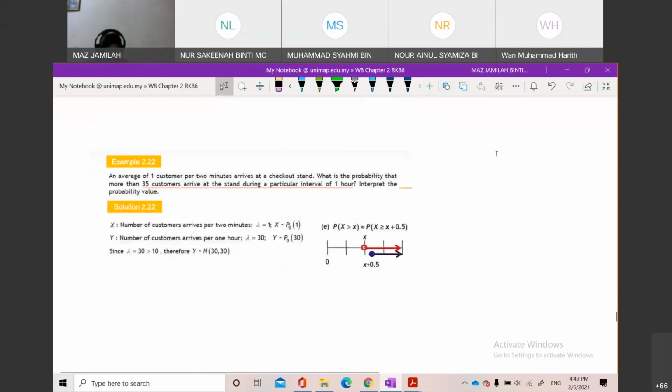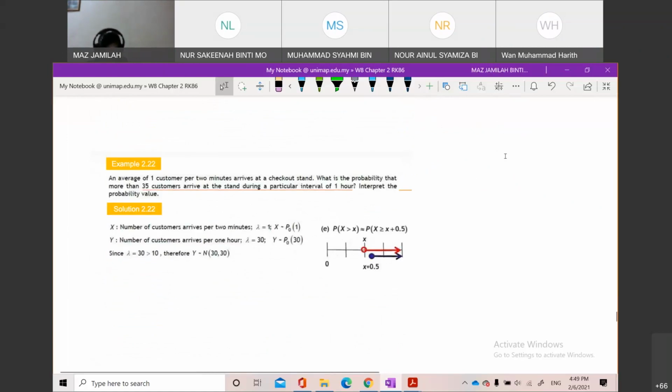Now let's look at one example and then one exercise, then finish the class. An average of one customer per 2 minutes arrives at a checkout stand, in your case a supermarket checkout counter. What is the probability that more than 35 customers arrive at the checkout counter during a particular interval of 1 hour?